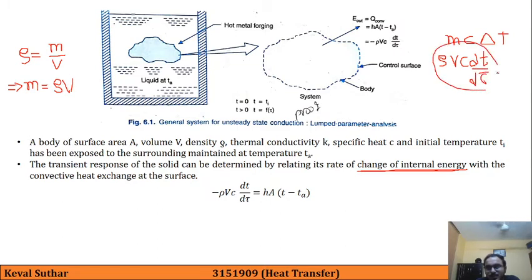It is shown over here as well, which is equal to the convective heat transfer, that is hA(T minus Ta).